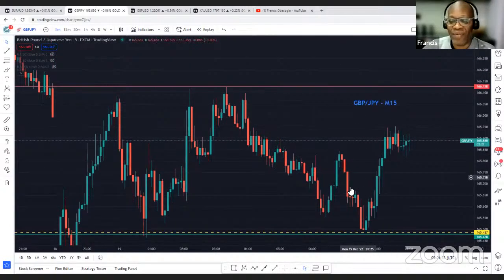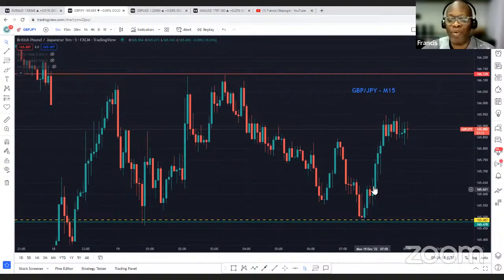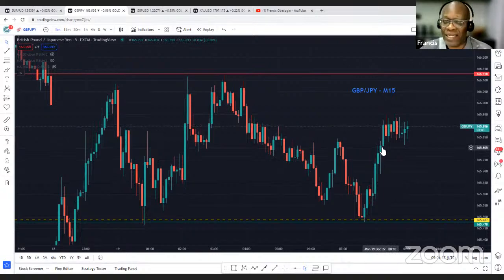The green and the red represent price movement. When the candles are green like this, they are going up. It means the price is going up. The value of a particular currency is going up. When it's red, going down, it means the price of the currency is going down.